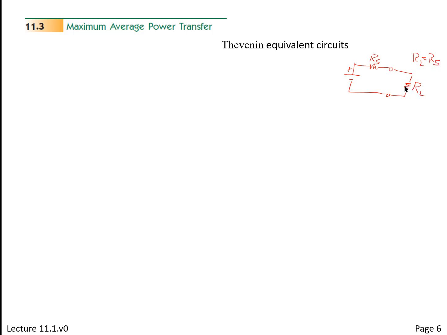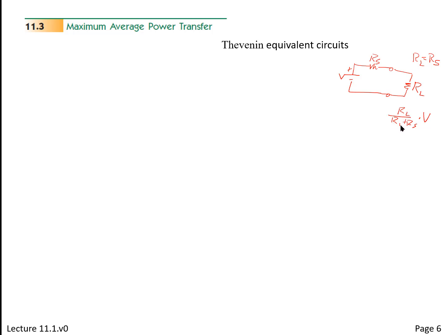And you can play with that, right? This is simple: the voltage on the load is going to be RL over RL plus RS times the voltage of the source. And you say, well, why don't I just keep jacking up RL?